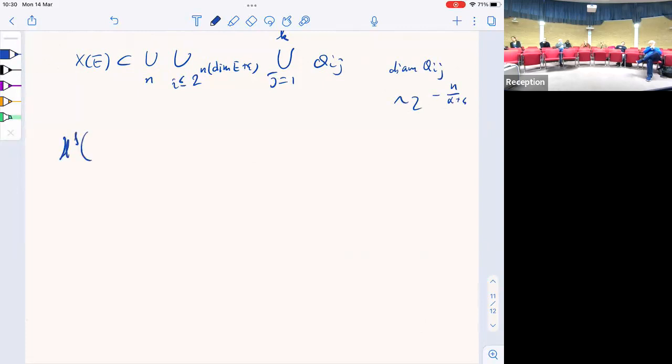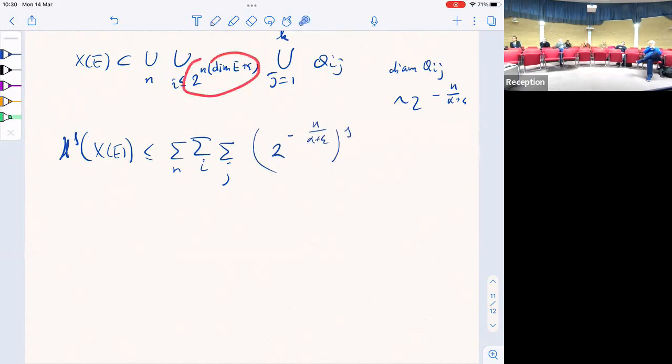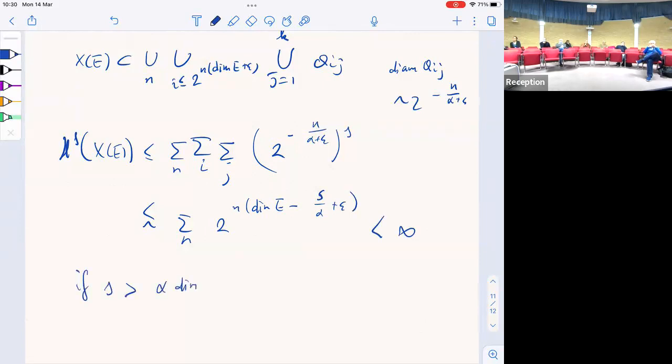Okay, so now we can compute the Hausdorff measure of this set by taking the sum over all the scales, i, j, and each interval to the power s. And we know how many i's are there, how many j's are there. So eventually it adds up to the sum over n of 2 to the n dimension of E minus s over alpha, plus epsilon. It is going to be finite if s is larger than alpha times the dimension of E. So this gives us the upper bound for the Hausdorff dimension. It is the sharp one.